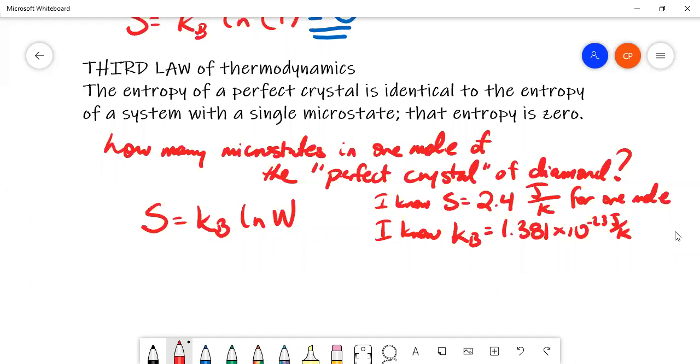What algebraic manipulations do I need to do to isolate W? Well, the first thing I need to do is isolate the natural log of W, right? So what do I need to do to get the natural log of W by itself? I need to divide both sides by K sub B.